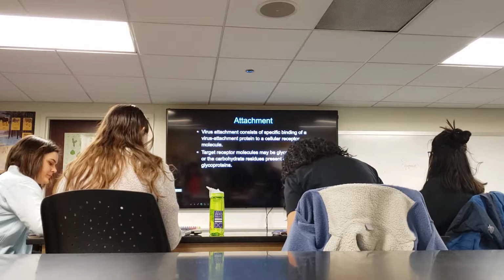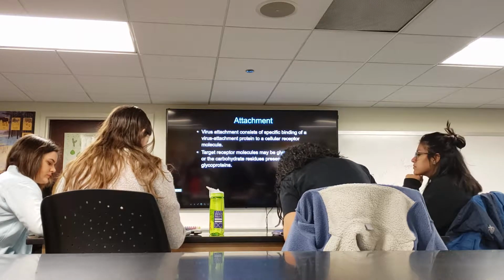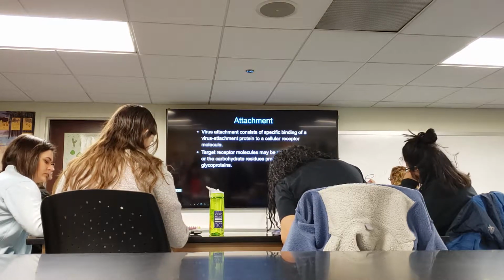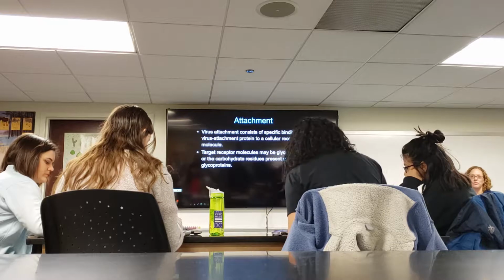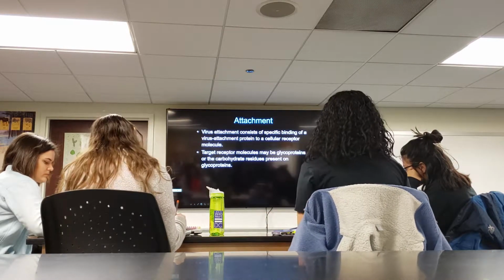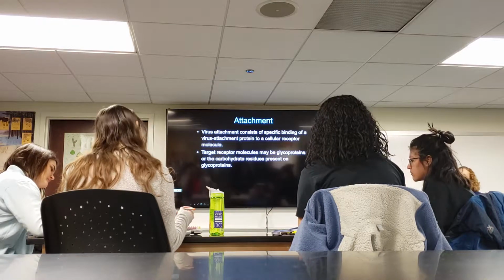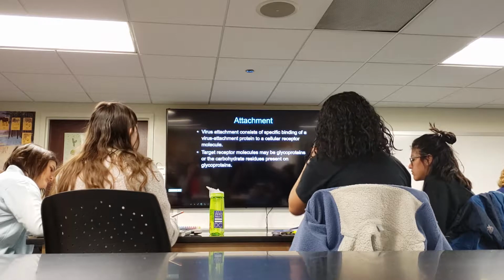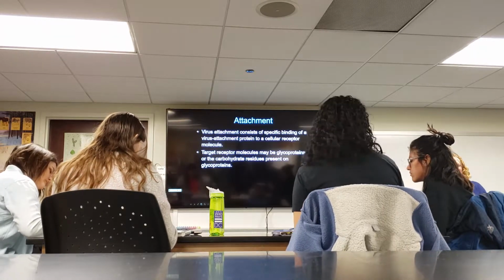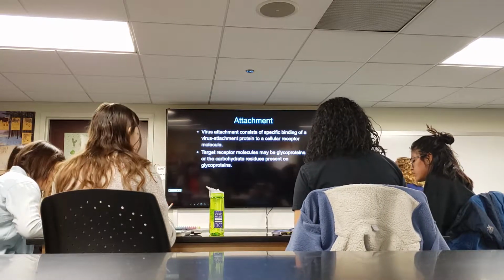Okay, so here I've got 3 different proteins. They all have the same carbohydrate residue on the tip of them, but they're 3 different proteins, right? So if I'm only caring about that carbohydrate residue, I have less specificity of the specific cellular receptor that I'm interacting with. And this can be a good thing for a virus, or it could be a bad thing for a virus. It depends. And we'll talk more about that later on.